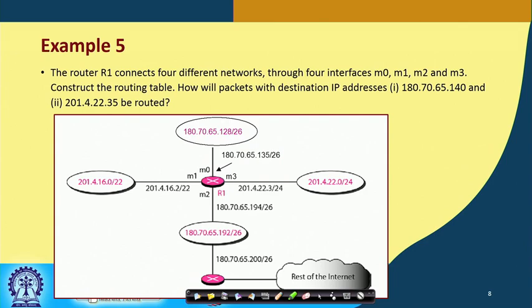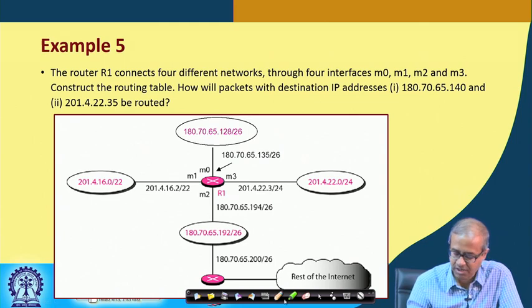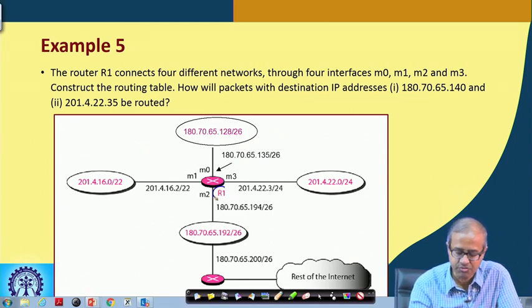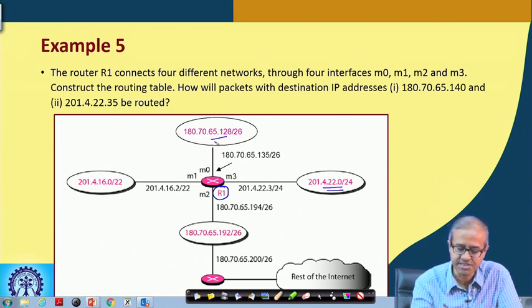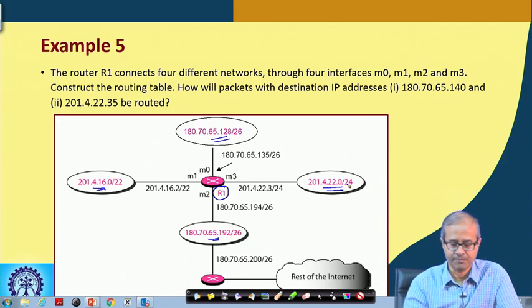So, here we consider a router R1. This is our router R1. As you can see, there are 4 interfaces M0, M1, M2 and M3, and these are the networks it is connected to. These are the network addresses, and in CIDR notation the number of bits of the network address is also mentioned: 26, 22, 26 and here 24.